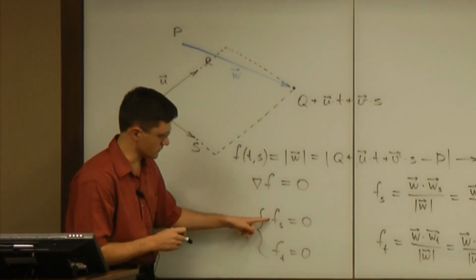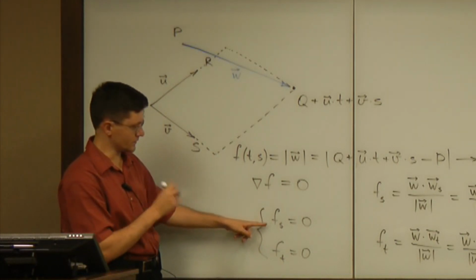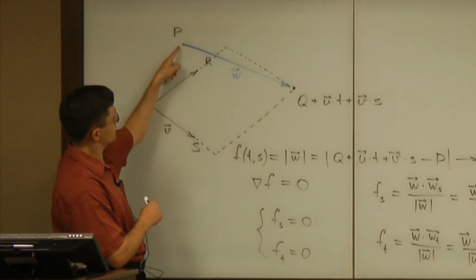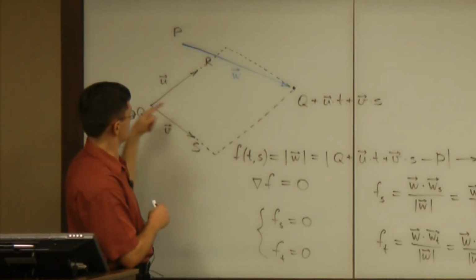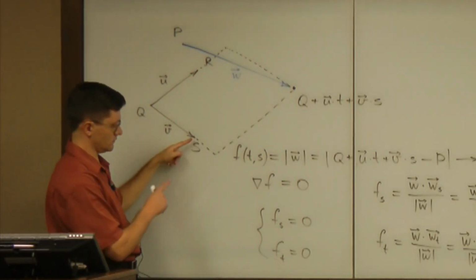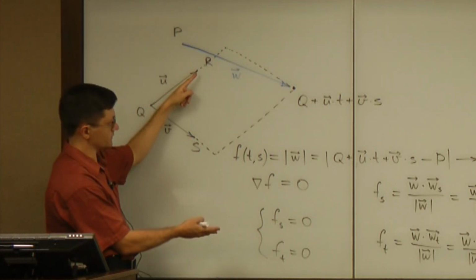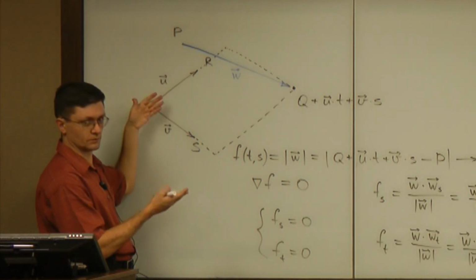So again, those two conditions say very precise things geometrically. First condition says that this vector must be perpendicular to v. The second says it must be perpendicular to u. And the condition itself says that those two should happen simultaneously.